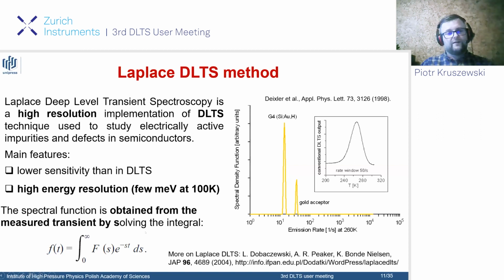So what we measure in Laplace DLTS are the capacitance transients, which are a function of time. And we would like to find this spectral density function, which gives us the emission rates or time constants. So we transfer the experiment from the time domain into the frequency domain, solving the inverse of the Laplace transformation.